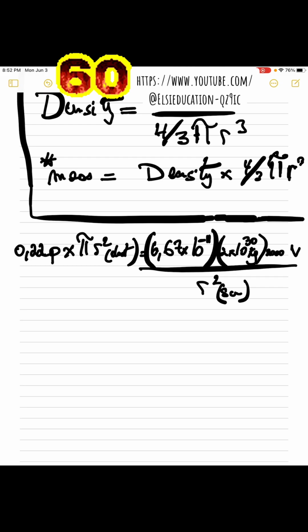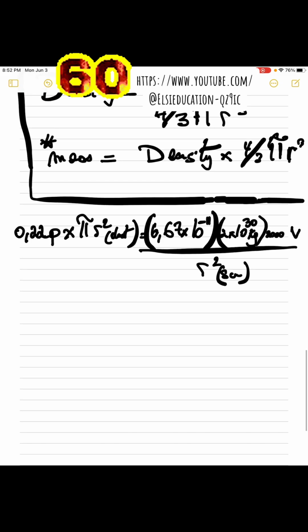Okay, I'll write it down so we can use the mass here for the density. That's 0.22 multiplied by pi r squared of the dust equals, let's multiply these two together.